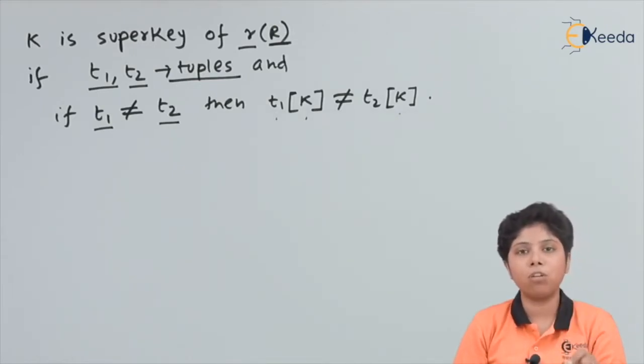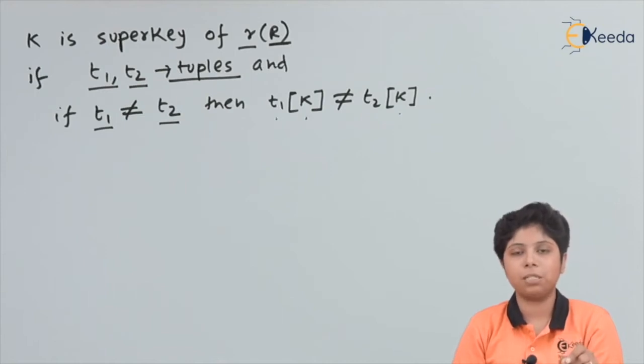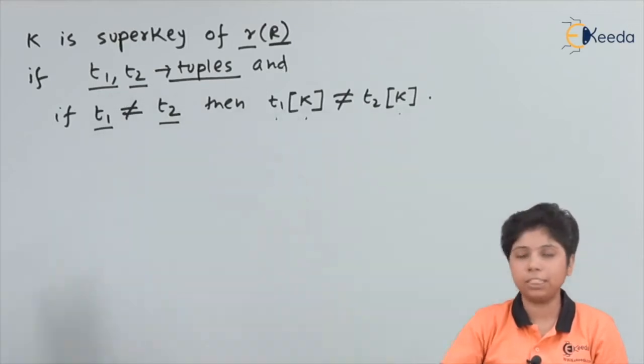That means any value on the attribute set that we are considering as a super key cannot have the same value in T1 and T2.